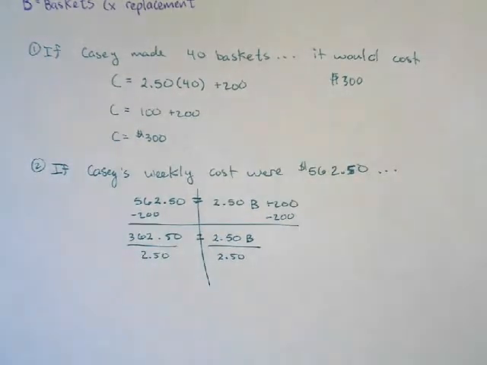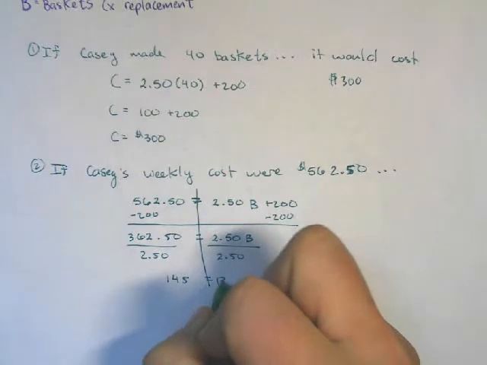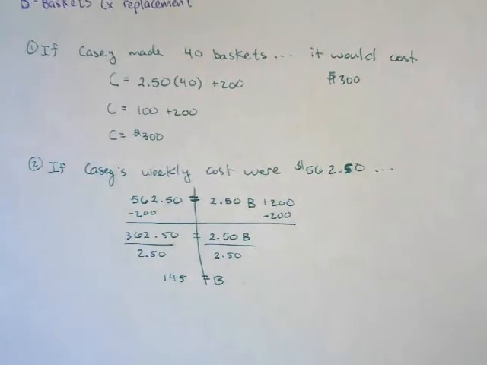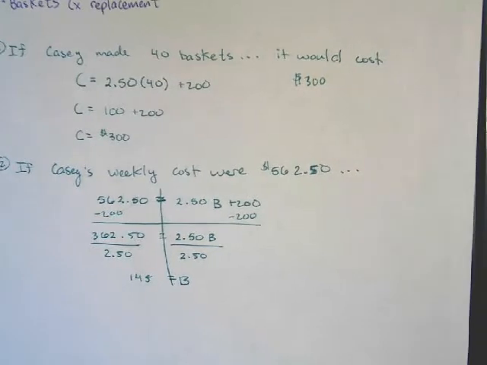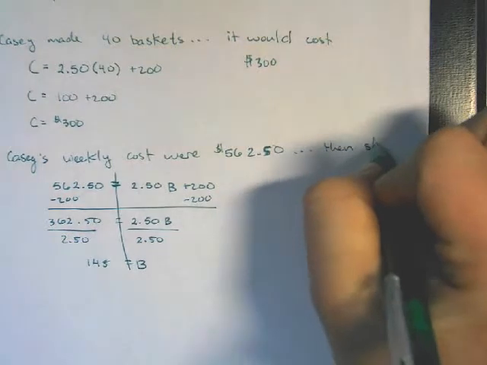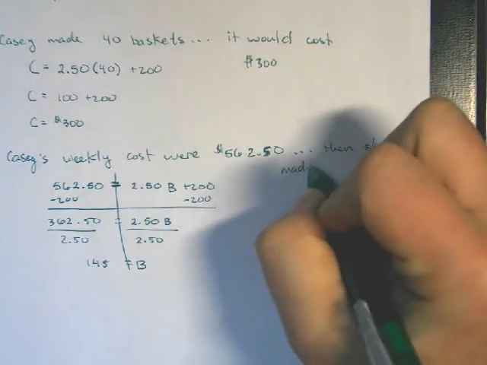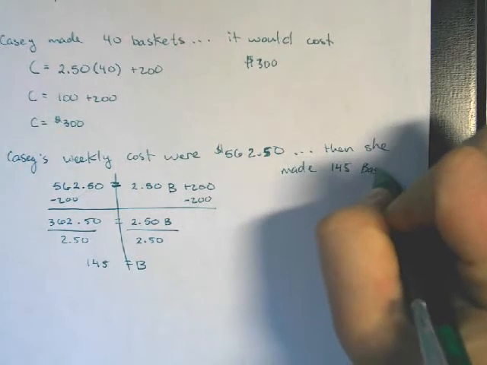Use my calculator for this part. 362.50 divided by 2.50, and we get 145. So if Casey's weekly costs were $562.50, then she made 145 baskets.